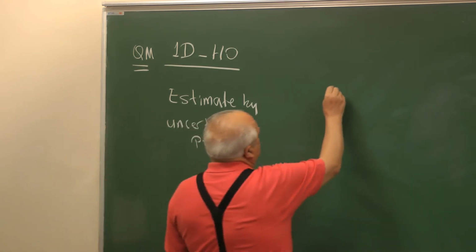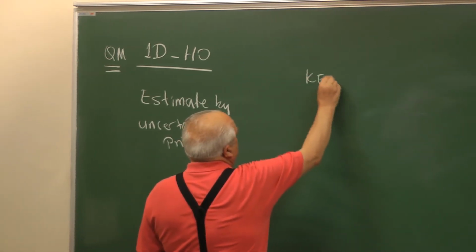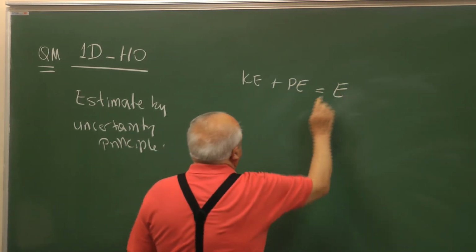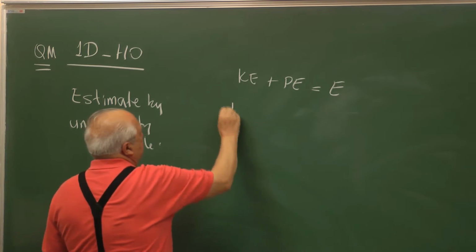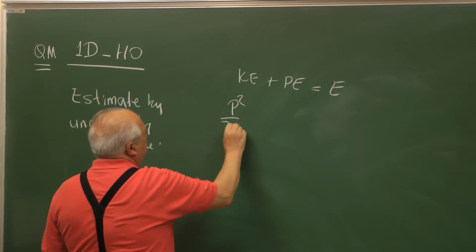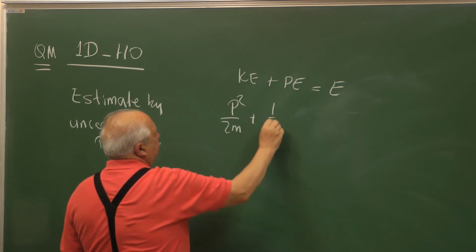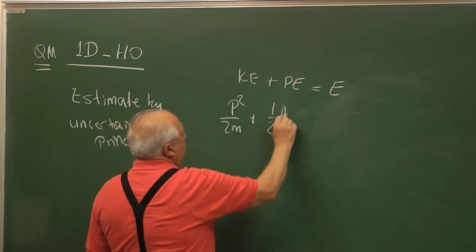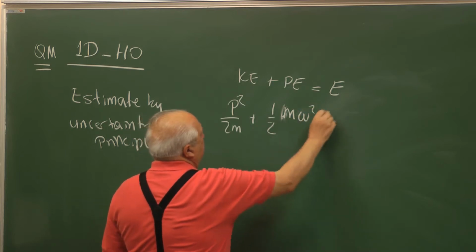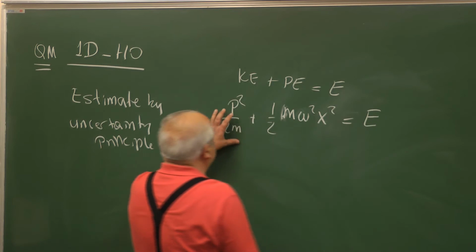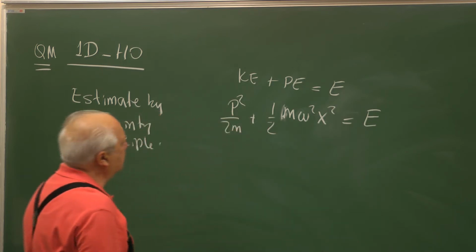So the energy is the kinetic energy plus the potential energy. That's equal to the energy: p squared over 2m plus 1/2 m omega squared x squared. This is the energy. This is the kinetic energy. This is the potential energy.